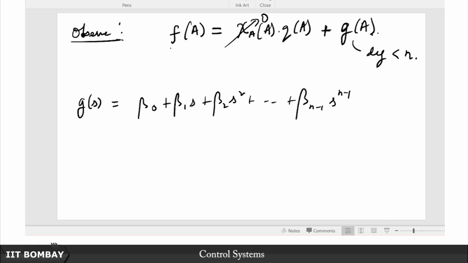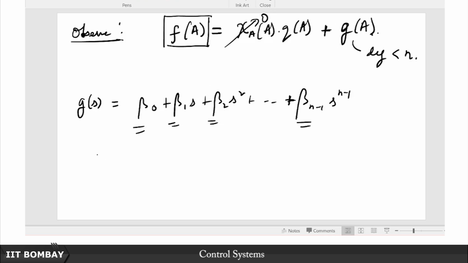So no matter how high the degree of f is, even if it's an infinite series, I need no more than these n unknown terms in order to express this series f of A in terms of g of A. That's it. That's all there is to it.